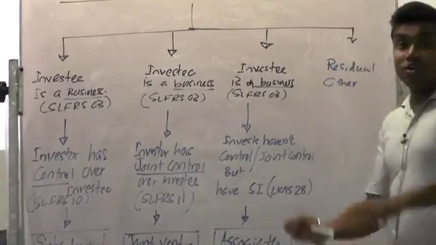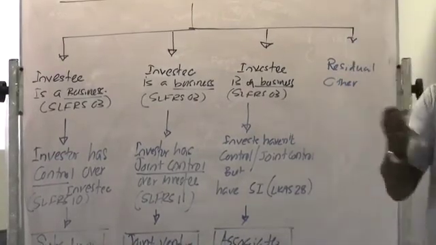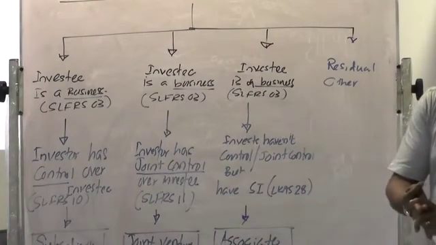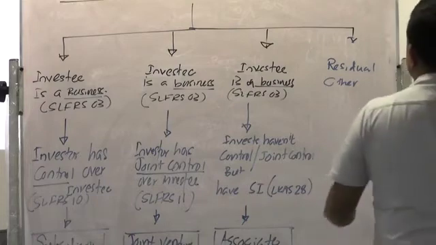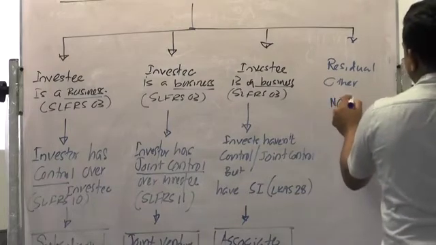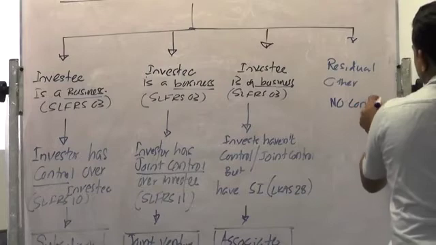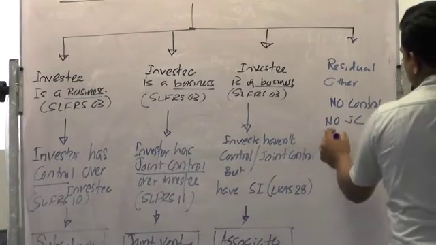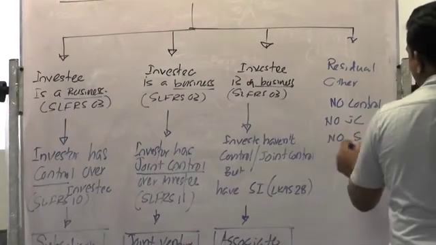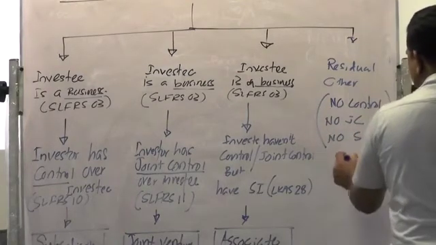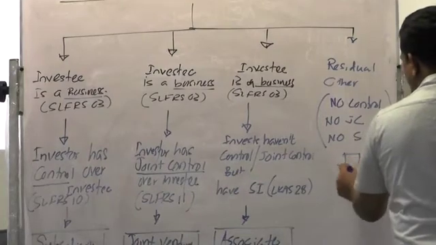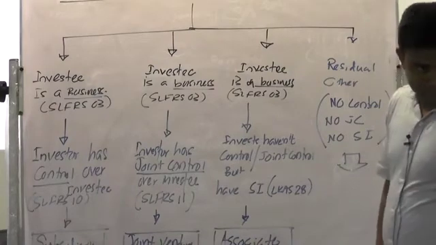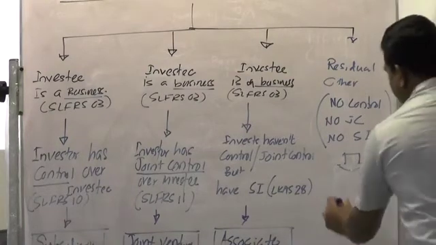Other means no control, no joint control, or no significant influence, right? If all these are no, you have just a financial asset. Is that clear?